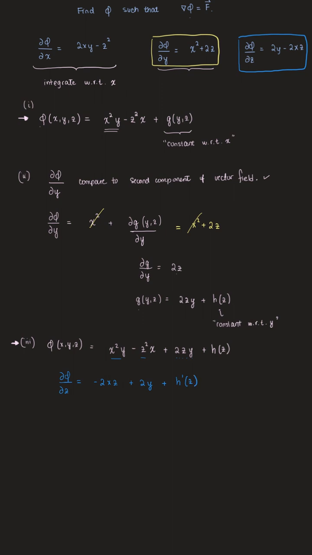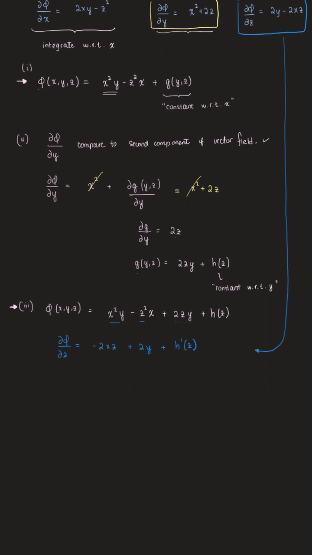I don't know what that is, but we know that that should equal our third component of our vector field. Those should be equal to each other. So when we set those equal to each other, we have a negative 2xz plus 2y plus h prime of z. That should be my third component, 2y minus 2xz.